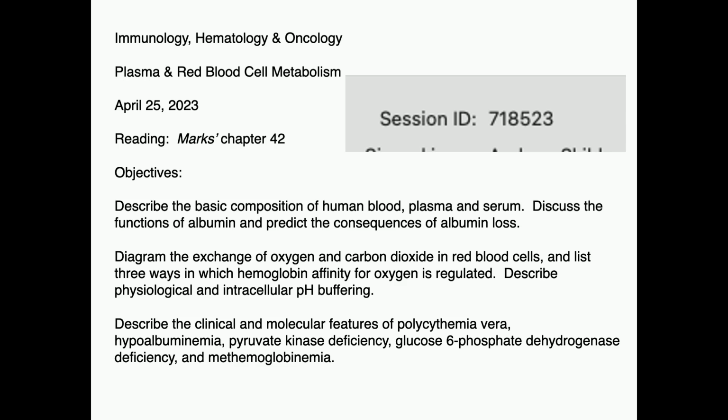Okay, so some stuff is going to be happening outside of the cells, and then some stuff is happening inside of the cells. So it's a little bit of a hodgepodge today.